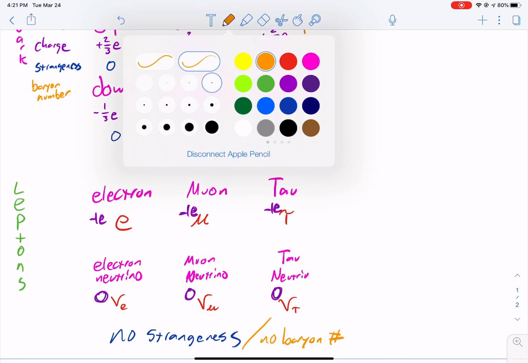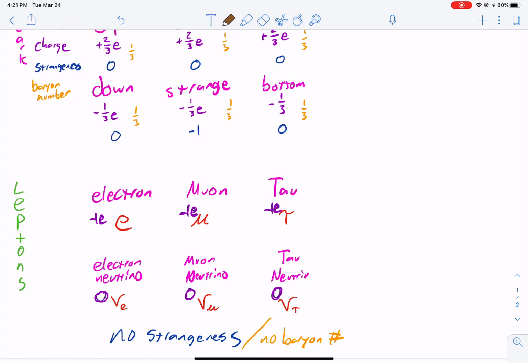But they do have lepton numbers. Go figure, the leptons would have lepton numbers. And it turns out that all of these will have a lepton number of 1. Again, baryon number, lepton number, charge. Why do you need to know this stuff? You're going to see. It's going to be important next week.